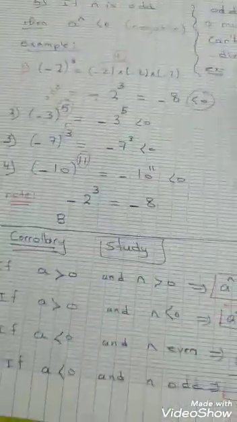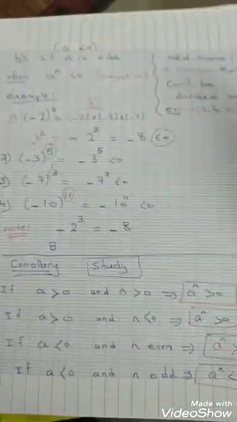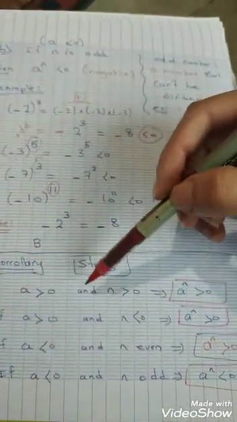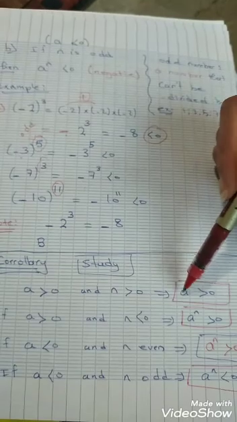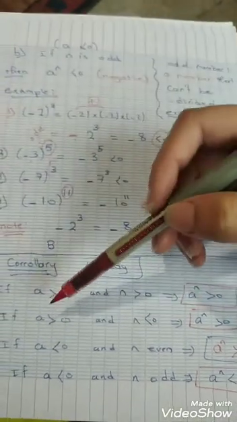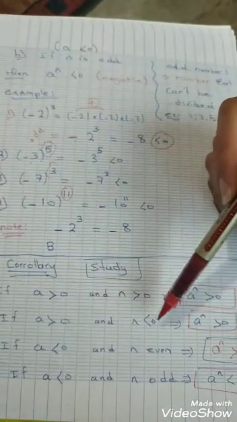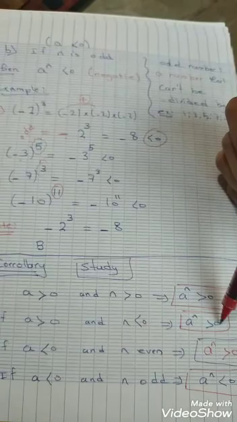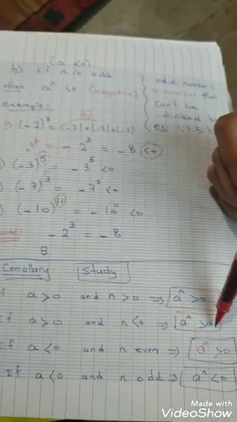In general, a corollary, meaning a conclusion, for study. If A is positive, meaning the base, and n is positive, the sign of a to the n is greater than 0, meaning positive. If A is positive and n is negative, I also don't care, the sign of a to the n is also positive, greater than 0.